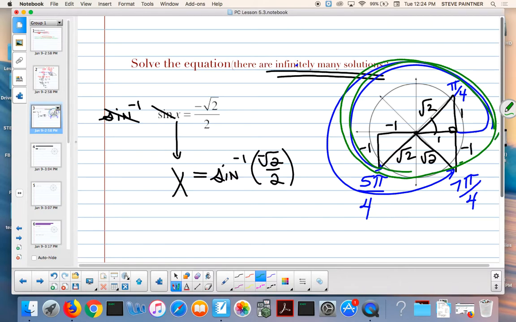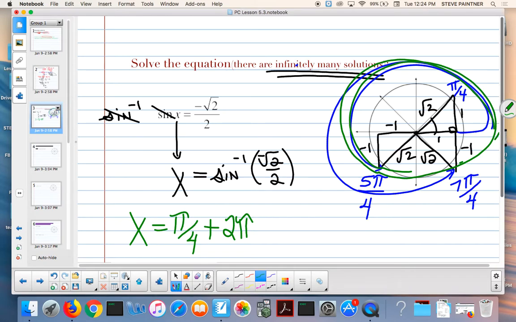So it repeats itself every what? Every 2 pi. If I make a complete circle, I get right back in the same spot. So I can say the answer is pi over 4 plus 2 pi, because that would get me to the next spot, same spot. If I did it again, same spot, same spot.